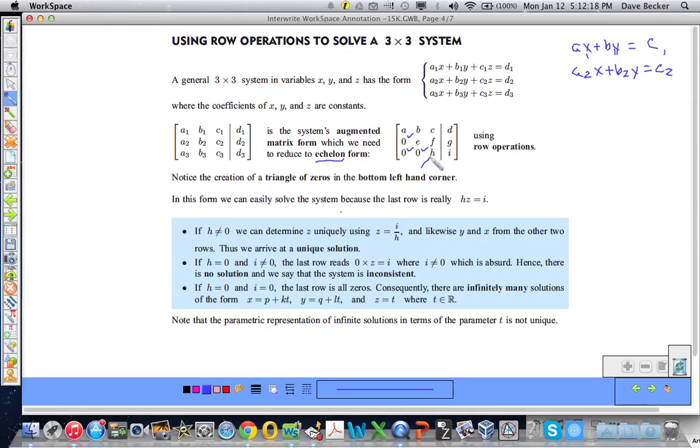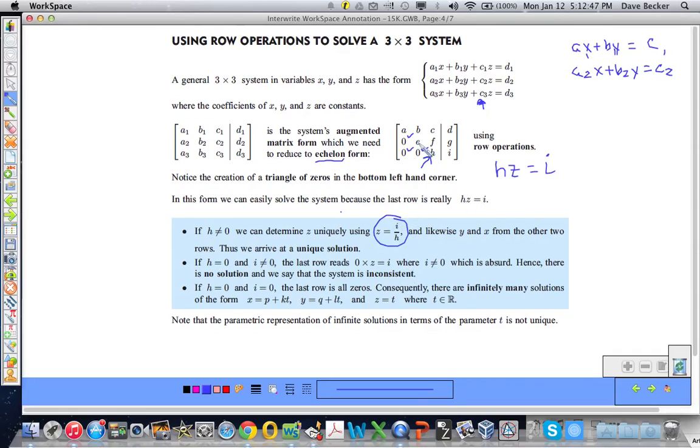And the goal then is, if you look at the third row here, this h is the new c3, because we most likely will have manipulated it, and it's going to be a different value at this point. And it represents c3 times z equals some constant. Well, if this is 0 and this is 0, what you really have here is hz is equal to some constant i, and therefore you can solve for z like they show you right here.